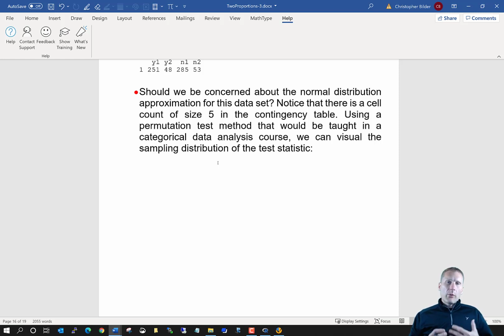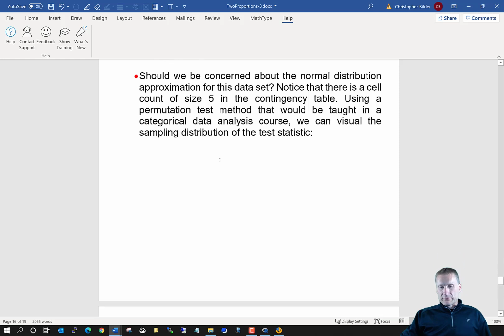And so one thing that we would learn about in a categorical data analysis class, we talk about what are called exact inference methods, where we try to find the exact probability distribution rather than using an approximate probability distribution. We try to find the exact probability distribution for a statistic. And sometimes we actually have to use computer power to actually find what this distribution is.